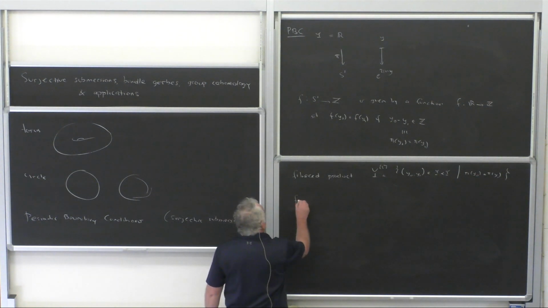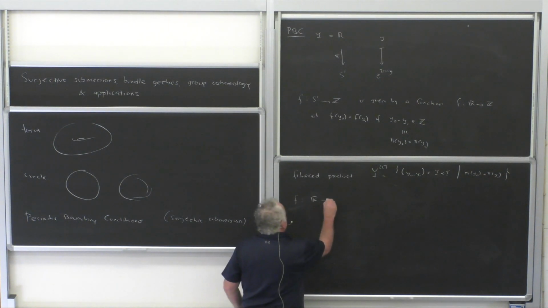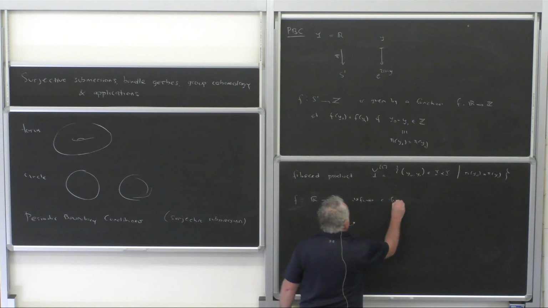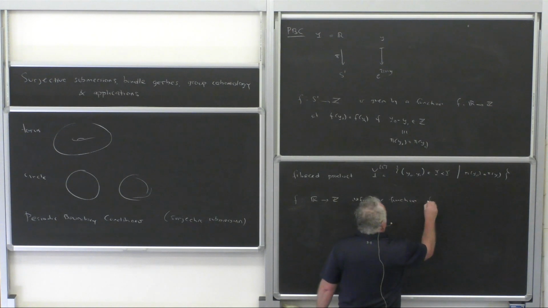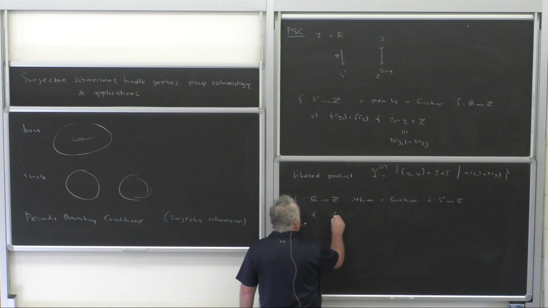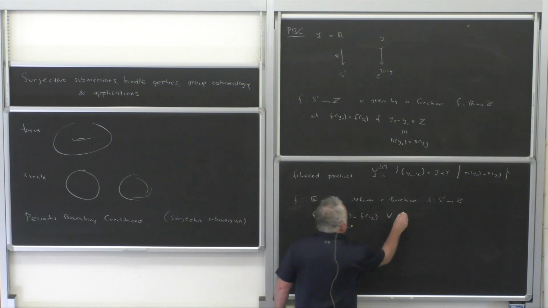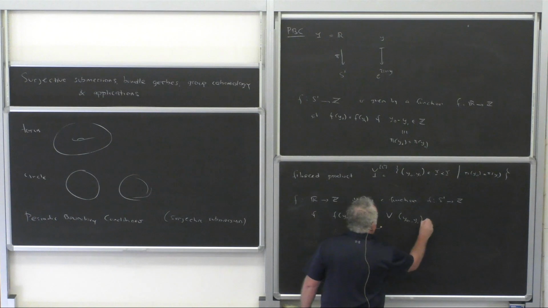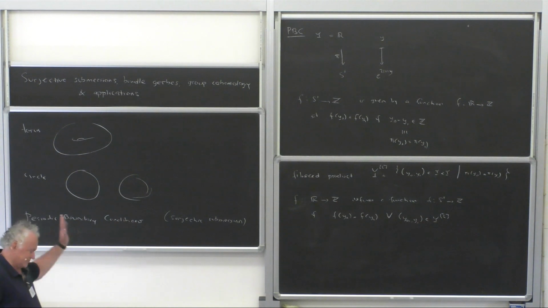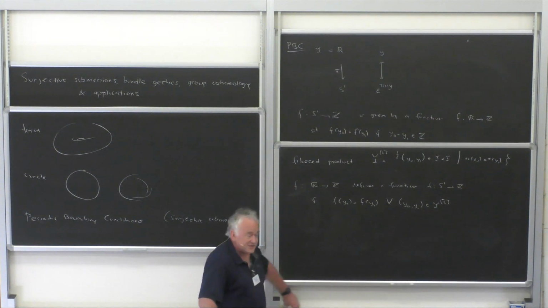So f from Y, say R, to Z defines a function f from S1 to Z if f(y0) equals f(y1) for all elements in the fiber product. I'm doing nothing serious here, I'm just rewriting it, but in a way that I can generalize more easily.